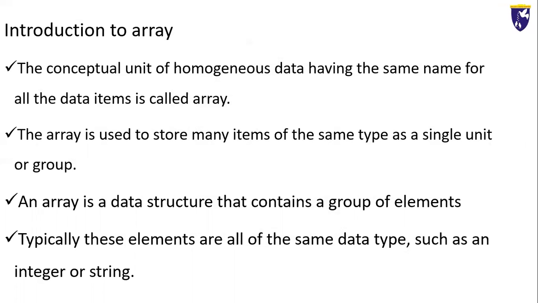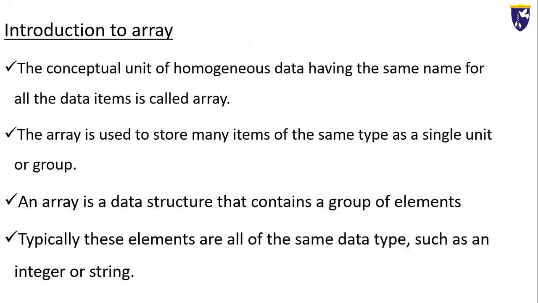The first definition of an array is: the conceptual unit of homogeneous data having the same name for all the data items is called an array. In this definition, dear students, we learn that an array has homogeneous data, similar type of data. There are multiple data items, but all are homogeneous or of the same type, and this group of data has only one name.